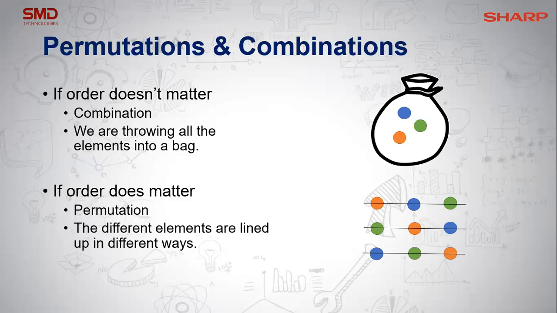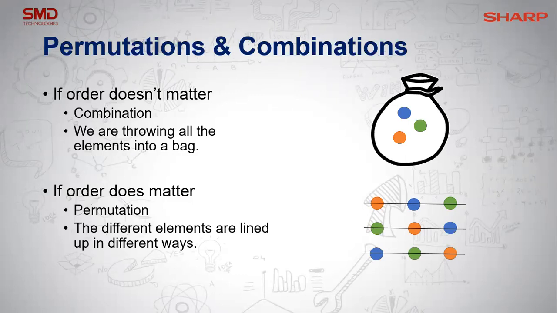But with the permutation, it does matter. So whether you take 3 sweets out and you eat them, the orange one first, then the blue one, and the green one, or you eat the green one, the blue one, and then the orange one, your order matters. Thanks Amelia. That means you have more possible ways in which to line up a set of elements.